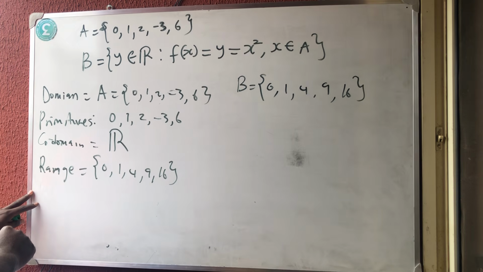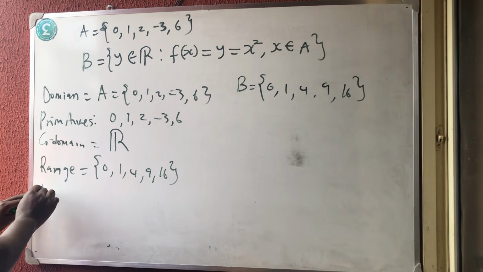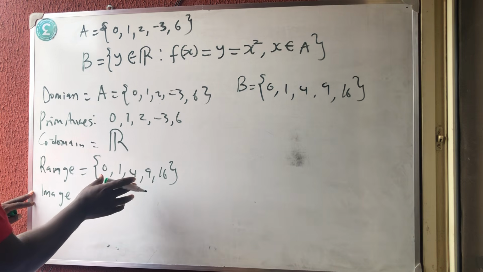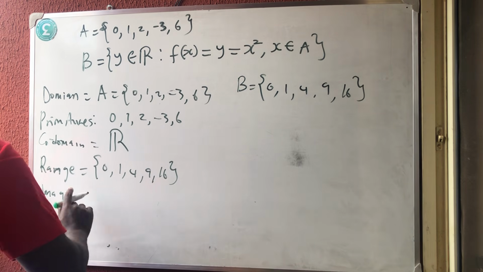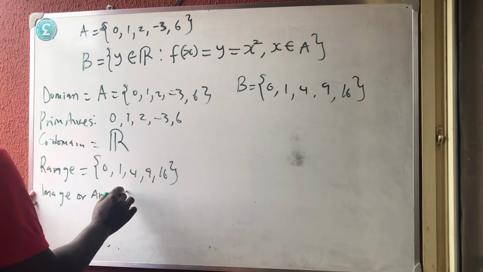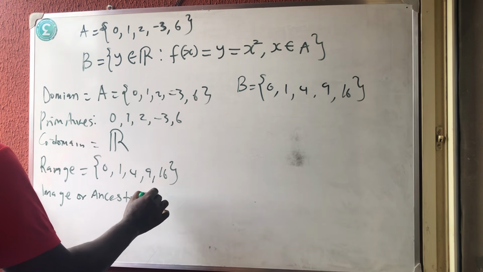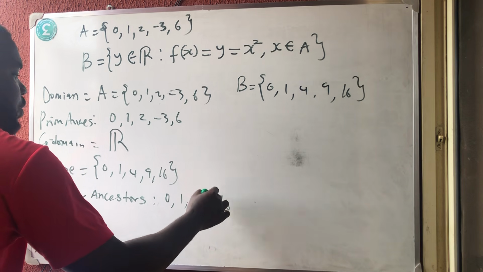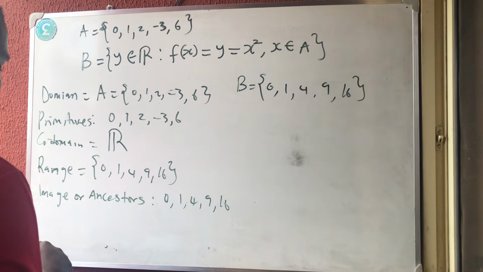Are you seeing that now? So now the image, the image or ancestor, is 0, 1, 4, 9, and 16 without putting them inside a set.